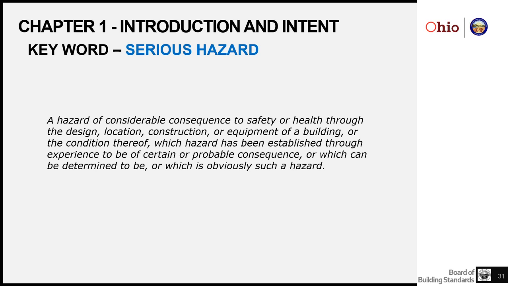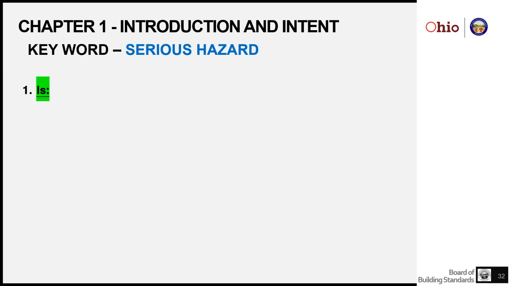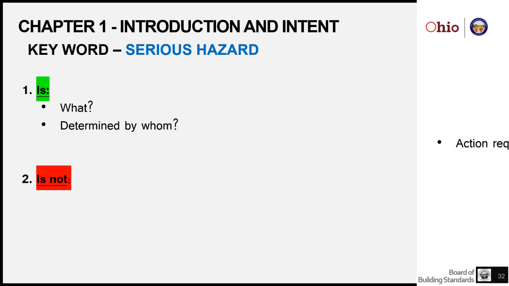That's the definition. It too is going to talk about what is, and what we are going to talk about as well is what serious hazard is not. So what is it? It's determined by whom and what action is required.